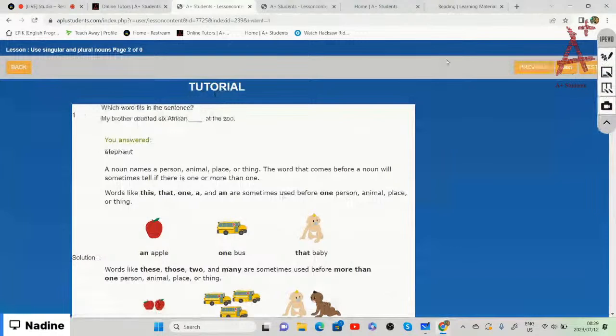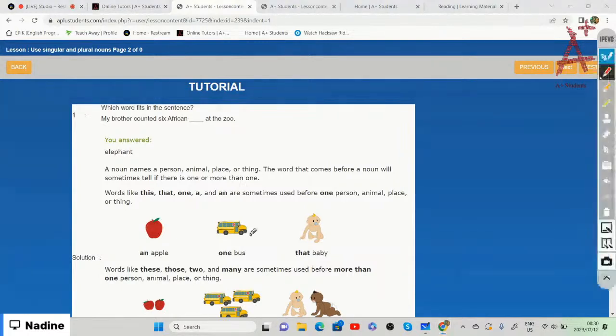Okay, we're going to do two more questions or examples, and then we're going to do a test on how to use singular as well as plural nouns. So my brother counted six African, is it elephant at the zoo or elephants?